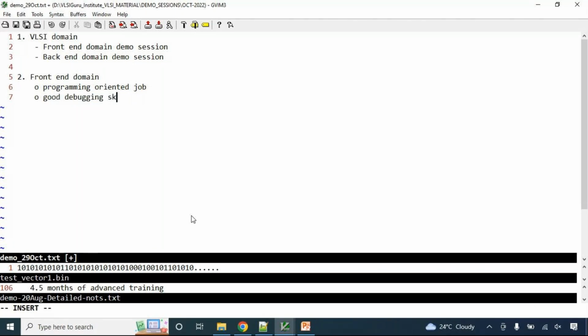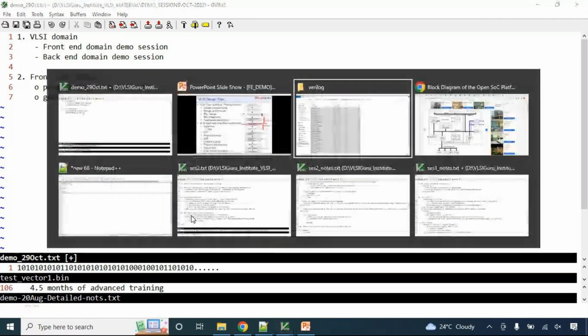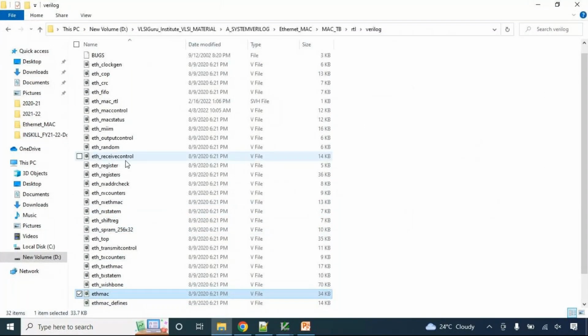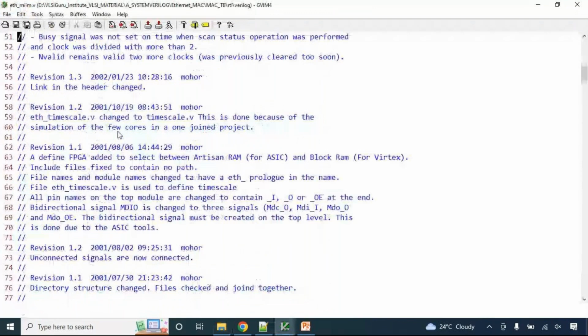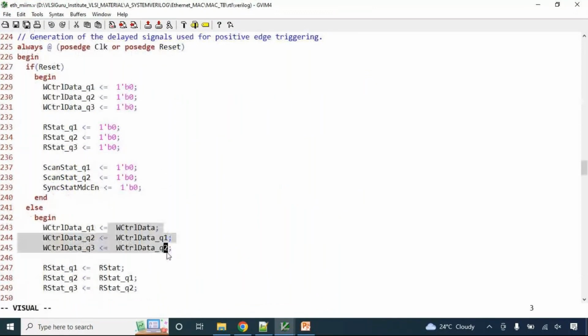What is meant by good debugging skills? Let's say I show you one code. What is meant by debugging? Somewhere some mistake has happened. Some mistake has been done. How can you quickly debug it? I mean, how can you use the concepts of functional verification to debug the mistakes? That is the role of functional verification.